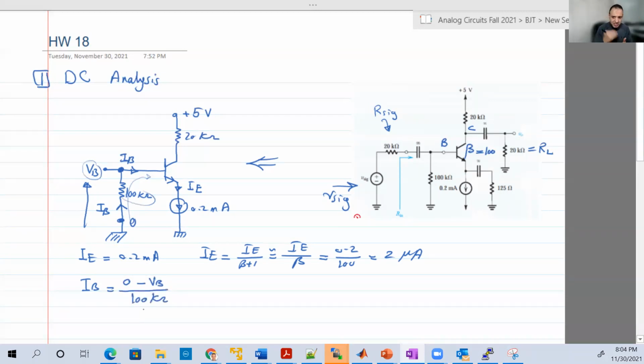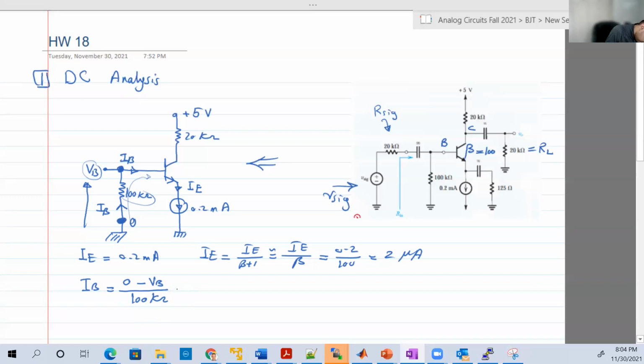Why didn't we say it's VB minus 0? Because when we calculate a current, we subtract the voltage of the node from which the current flows from the node to which the current goes, and divide by the resistor. So the current here is going from that point to that point. So 0 minus VB over the 100 kilo.